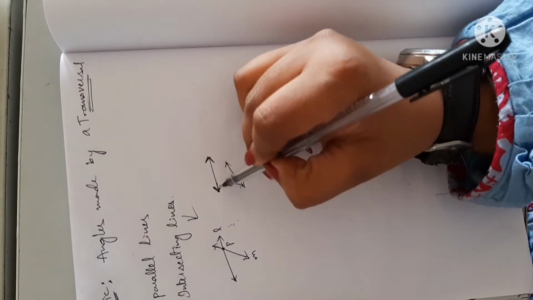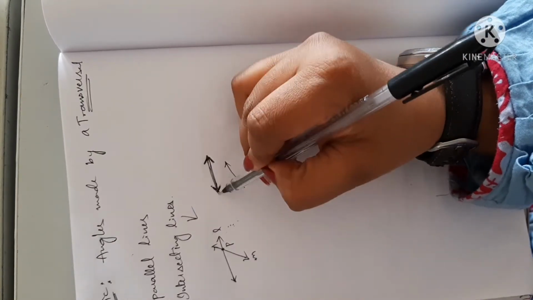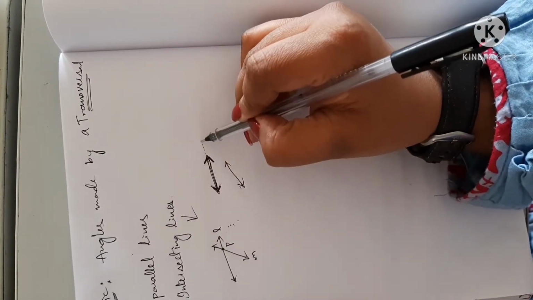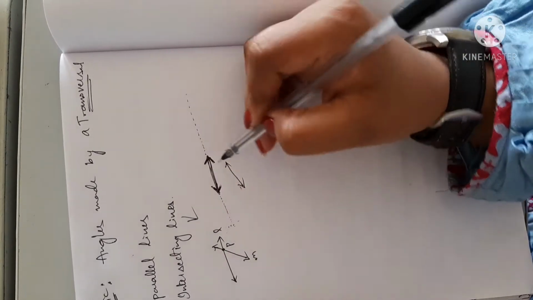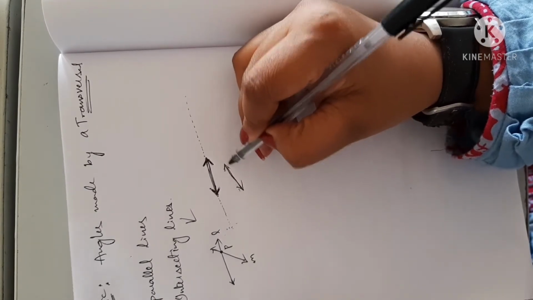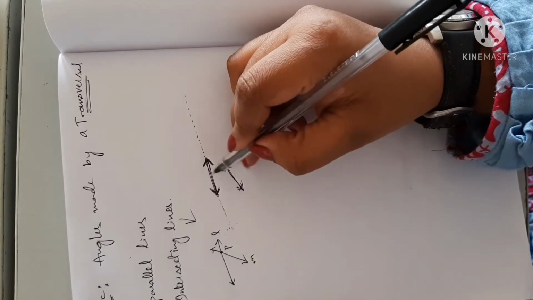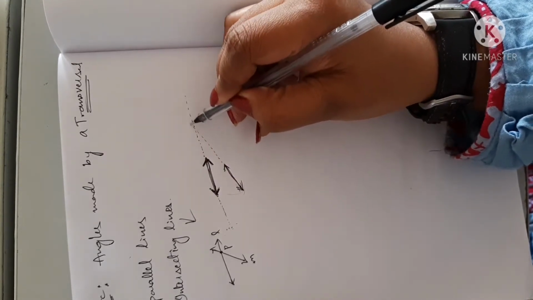Even though I have drawn only till here, the arrow mark indicates it is extended like this. An invisible line, which is extended. Similarly this line is also extended. Maybe they are not intersecting right now, but somewhere else they are intersecting, right?